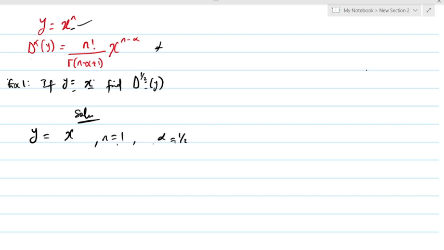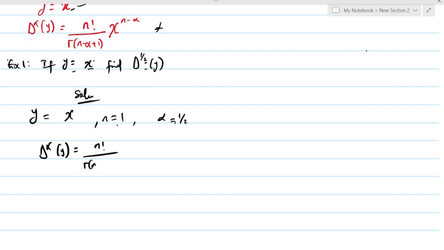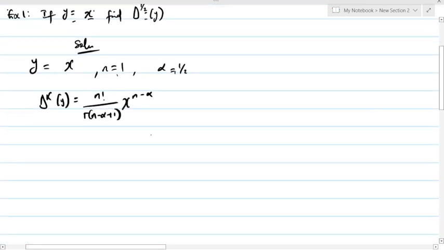So we substitute these two values into our formula, and then we write the formula down here. We have D^alpha of y equals n factorial over gamma of n minus alpha plus 1, times x raised to n minus alpha. Alright, so let's substitute the values we have and see how the solution goes.